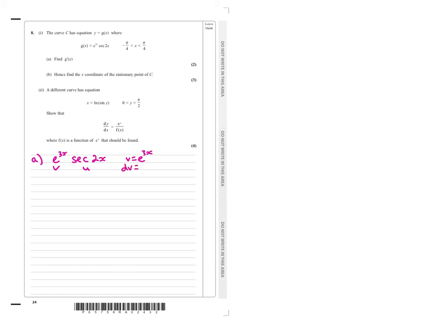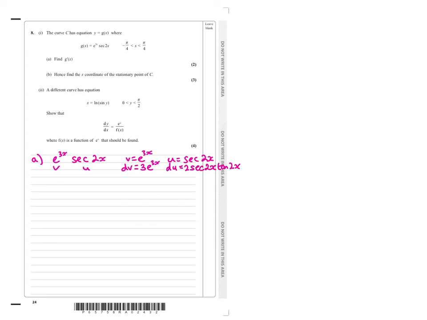dv equals e to the 3x multiplied by the differential of the bracket, which is 3e to the 3x. u equals sec of 2x. And du we know is sec x tan x, but because we need to multiply it by the differential, so 2 sec 2x tan 2x.